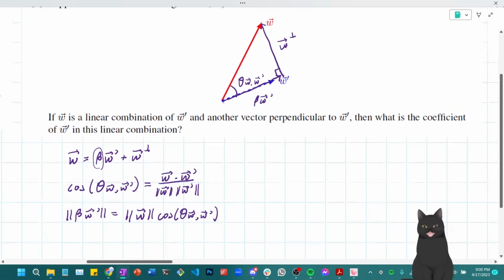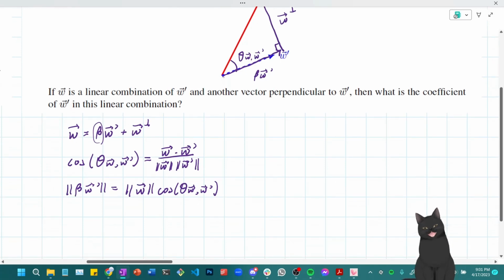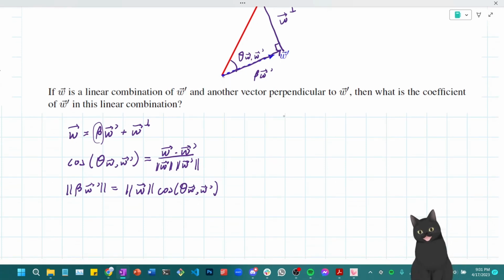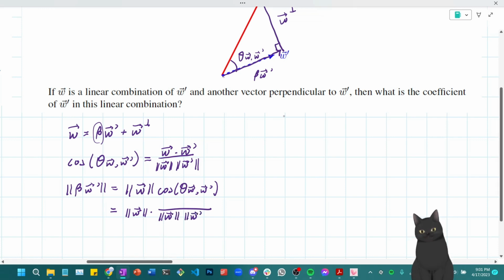So it turns out that now we have two extra pieces of information from the last setup, and this will probably allow us to derive beta. How so? First of all, let's notice that the right-hand side of the equation derives into W length multiplied by a fraction whose denominator also has the length of W. Second of all, since this is a norm of a vector, and more specifically, the norm of a scalar multiple of a vector, I can move the scalar multiple out.